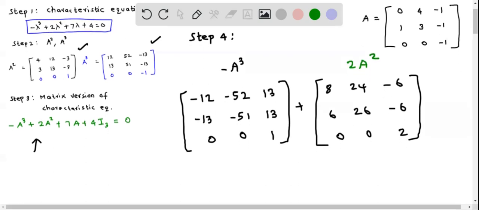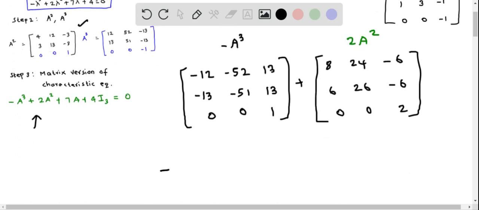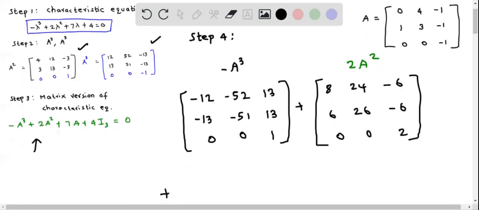Then we have plus 7A. So I'm going to multiply the matrix A by 7. So I can write down here, this is plus 7 times A. Otherwise, I multiply each element by 7. The first row will be 0, 28, negative 7.